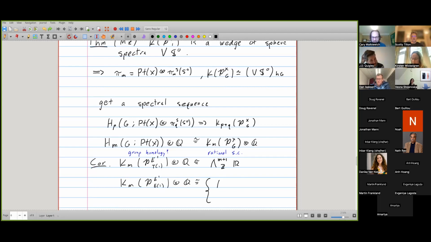That's a lambda: lambda m plus 1 over Z of R, if m is even, and I'll get 0 if m is odd.